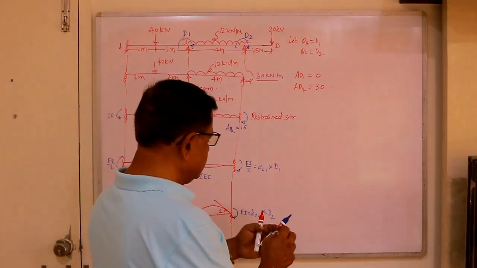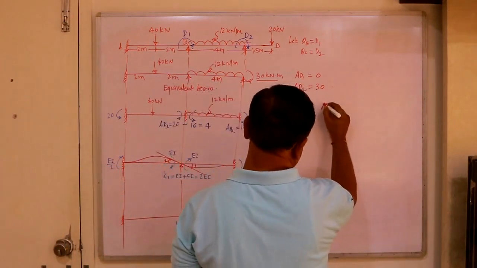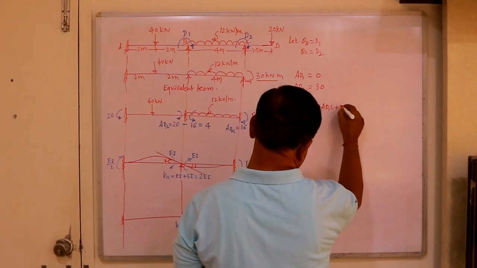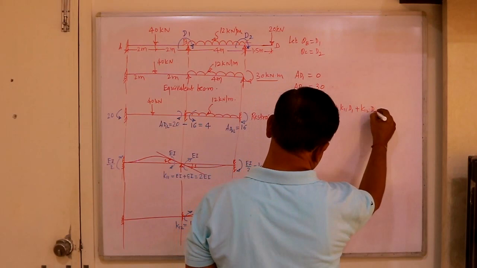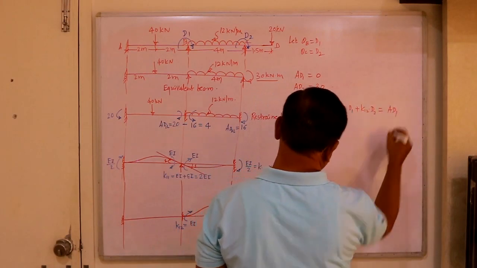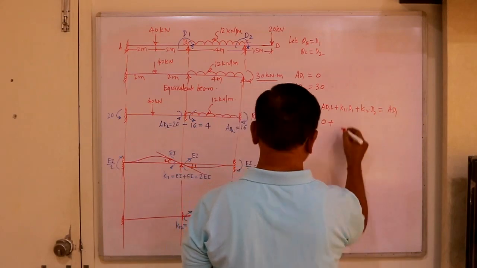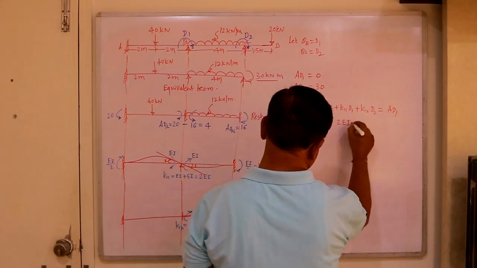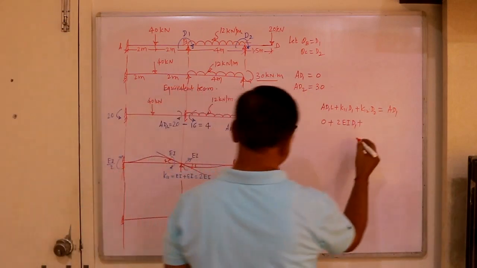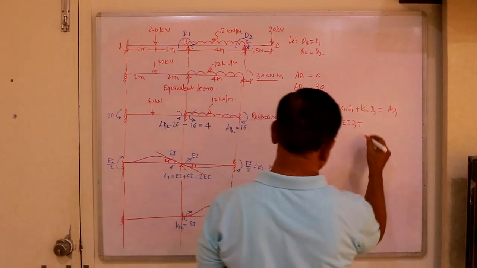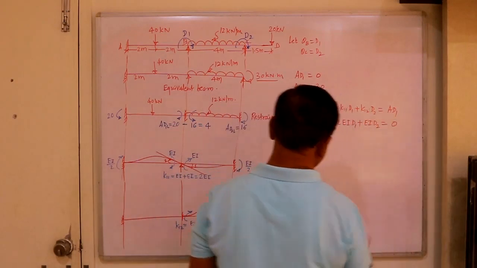Now using the equilibrium conditions, AD1L plus K11D1 plus K12D2 equal to AD1. So this is 0 plus K11, 2EI, D1 plus K12, EI, D2 equal to 0.